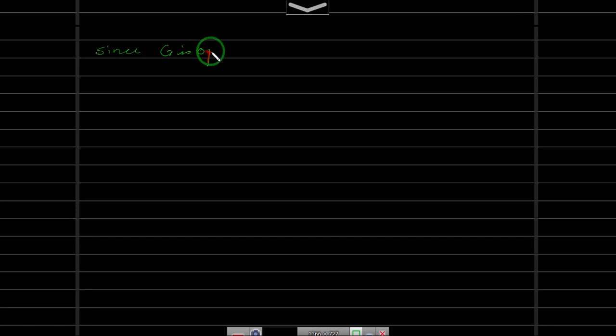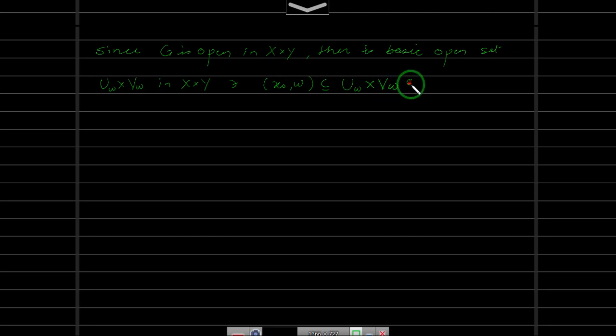Okay, now since G is open in X cross Y, there is a basic open set, say U_W cross V_W, with U_W in X and V_W in Y, such that we can write (x naught, w) will be contained inside U_W cross V_W, which is contained inside G. This is by definition.